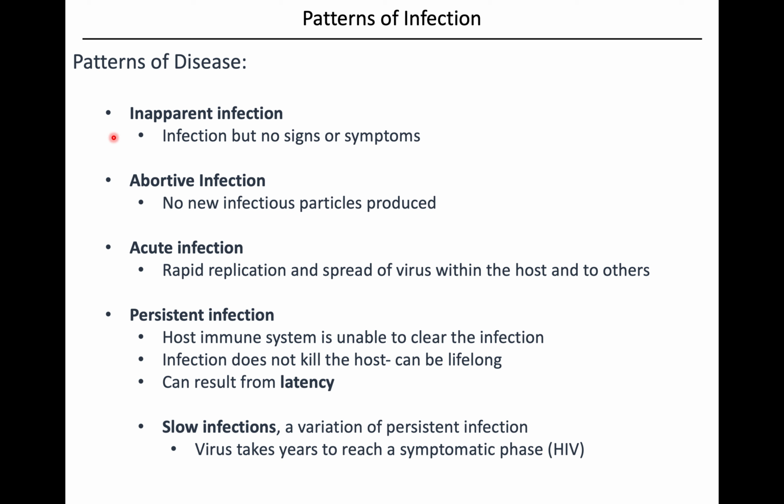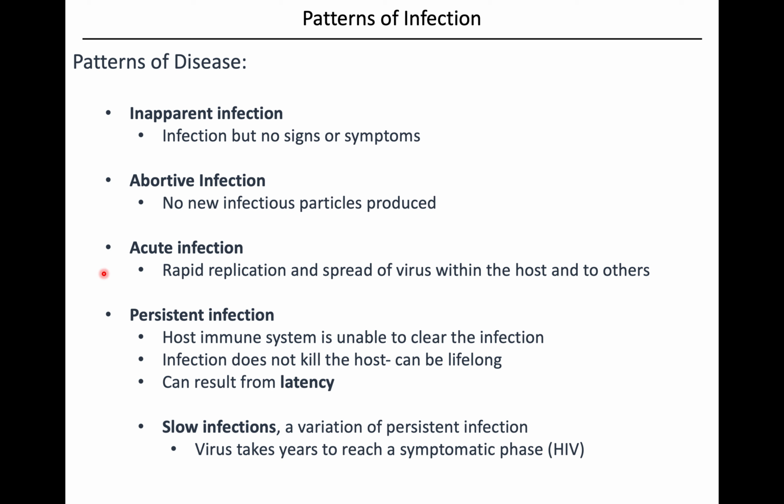That seems to be the case in some percentage of people infected with COVID-19. Asymptomatic individuals, you would say. An abortive infection is where an infection is established, but it never really gains a strong foothold, so the virus is not capable of producing any new infectious particles. So you do have some infected cells, but it's not really amplifying or spreading.